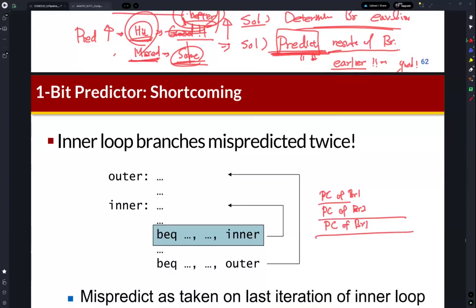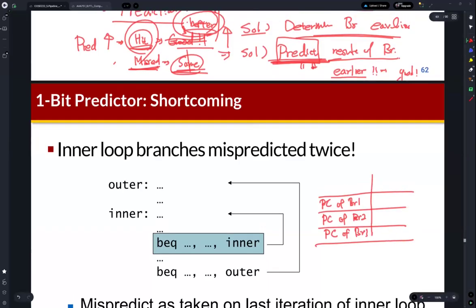So we can make a table, and only store the history, the result of a branch instruction. The result is taken or not taken, so maybe it's 1 or 0. You can represent taken as 1, and not taken as 0. So we can store 1, 0, 0.